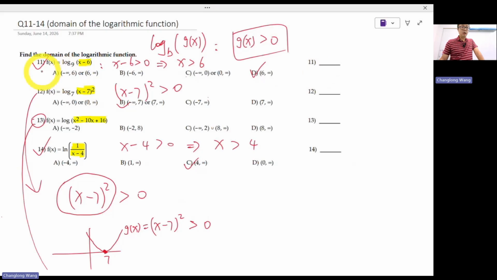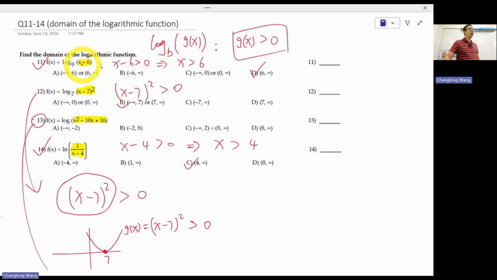I'm sure that we're good on number 11 and 14, right? Because I said all you have to do when it comes to the domain of a log function is to take whatever is inside a log, that I highlighted already in the yellow highlighter, and make sure that it will be positive. But you have to ask yourself, what kind of feasible values are you supposed to take for x?